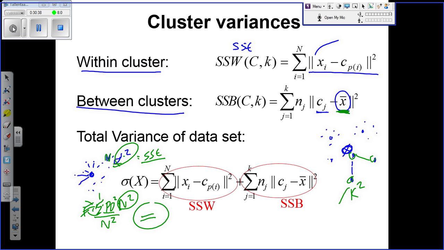Based on that result, I can actually just calculate the distance to the data center, and sum up the squared distances. Here we have multiplied by the number of data points in each cluster and summed up, but basically I get the same result. So calculating all centroids' distance to the data center point corresponds to calculating all pairwise distances. So that measures between-cluster variation.